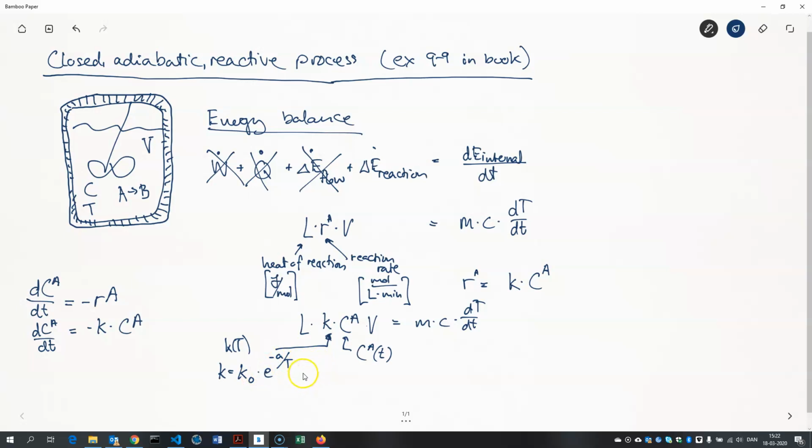So this gives us an energy balance which becomes quite involved. Like this, equals mC dT/dt. And of course we should incorporate that into our concentration differential equation over here. Like that, oops.